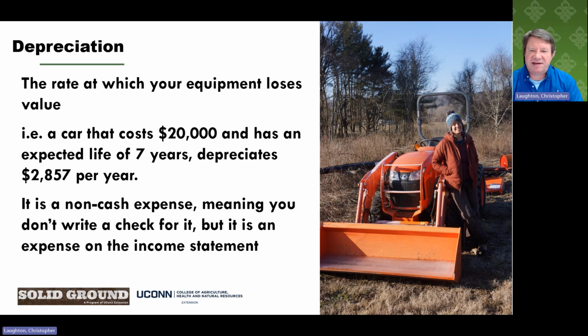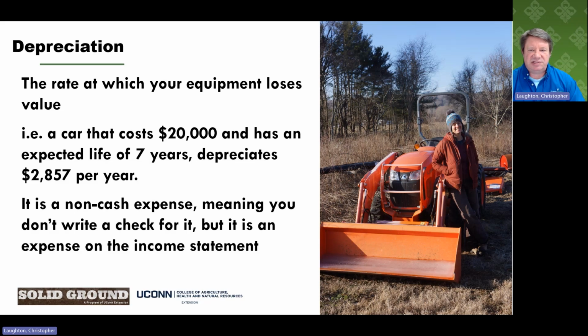And the reason for that is because this is for equipment that's going to last more than 1 year. So if you bought that $20,000 tractor, it's not really fair to charge that whole $20,000 against your business income the first year because that tractor is going to outlast 1 year or better.